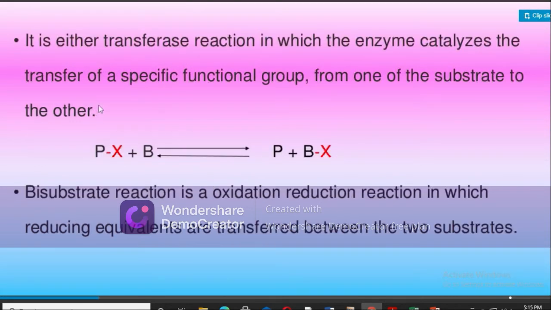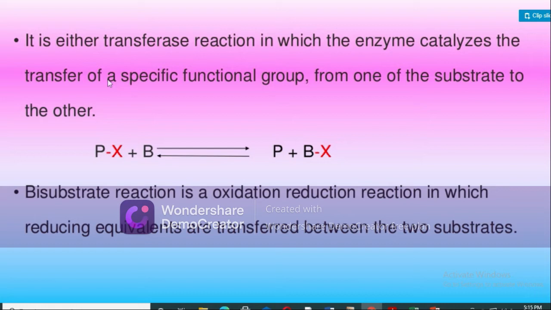For example, in this case, it is a transferase reaction in which the enzyme catalyzes the transfer of a specific functional group from one of the substrates to another. Look at this one, PX: you transfer the group from the P to B. So that is exactly what happened.